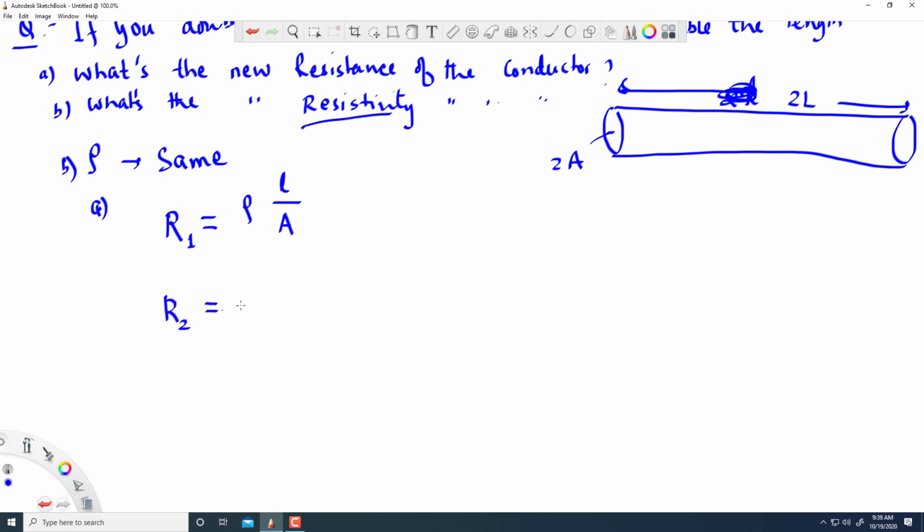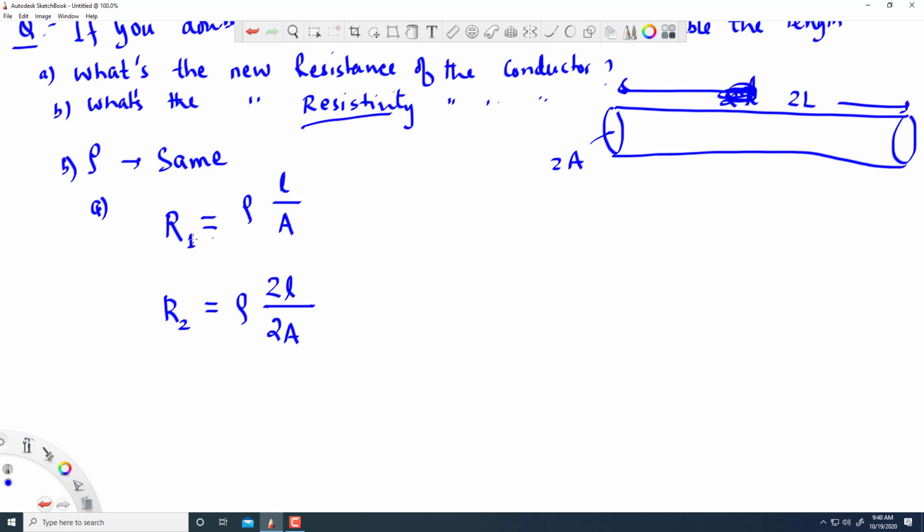R2 is when we change the length and the area. Rho doesn't change no matter how much longer you make the wire or how thick the wire is. Now the length is 2 times L, and the area is also doubled.